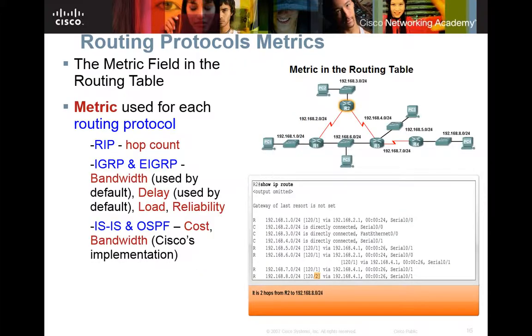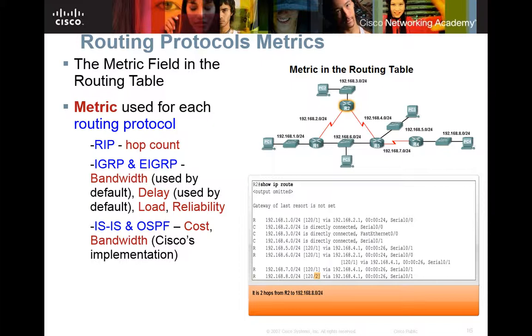A metric for each routing protocol. If you're using RIP, its metric to find which way to send it is by the hop count, and only the hop count. IGRP and EIGRP use bandwidth by default. Delay by default. So, am I going to get delayed if I go this path?